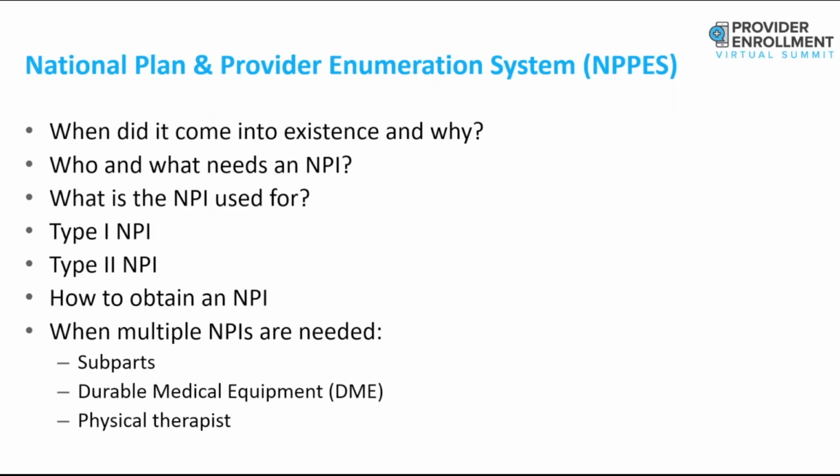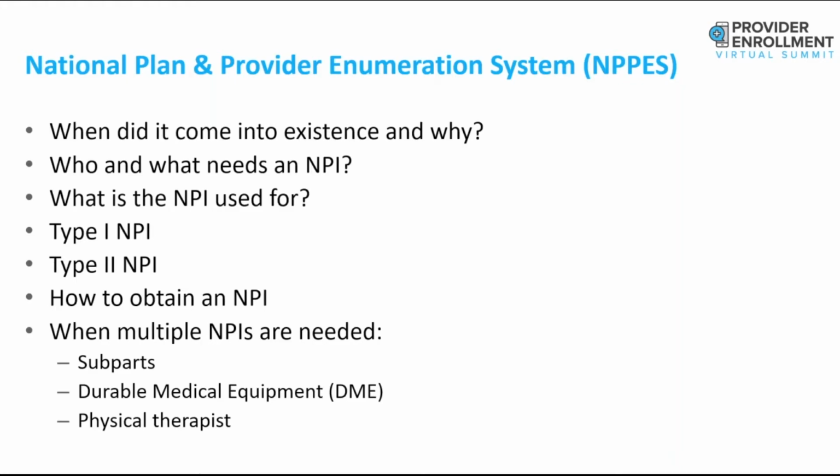So even in an MRI facility, you're still going to have the MRI facility that's going to bill for the services. So that Type 2 NPI would be in box 32, which is the location NPI, as well as box 33 on a claim form, which is the billing provider or supplier NPI. The rendering provider is still going to be probably the radiologist that's actually reading and interpreting the MRI. So that's what a Type 2 NPI is for. The Type 1 NPI is always going to be in box 24J as a rendering provider, or could be the attending or ordering provider as well.